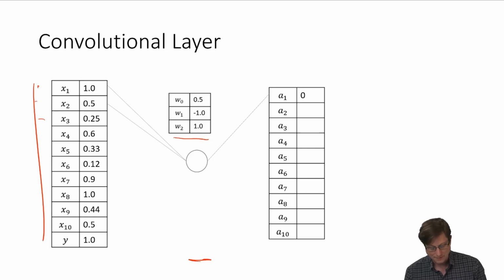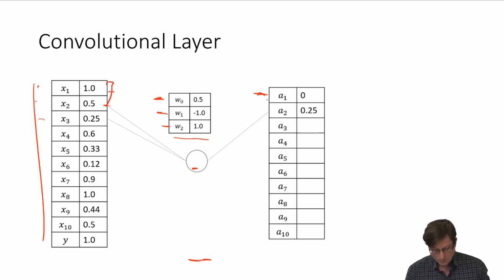We'll see how to extend this to 2 dimensions, but you have the exact same properties. Weight 0 gives you 0.5. Weight 1 times 1 would be -1. Weight 2 times 0.5, so it would be -1 plus 0.5 plus -0.5. And so the activation of this filter when looking at this part of the image turns out to be 0.